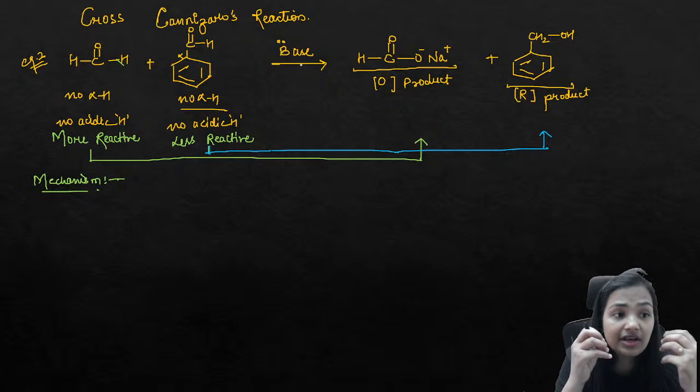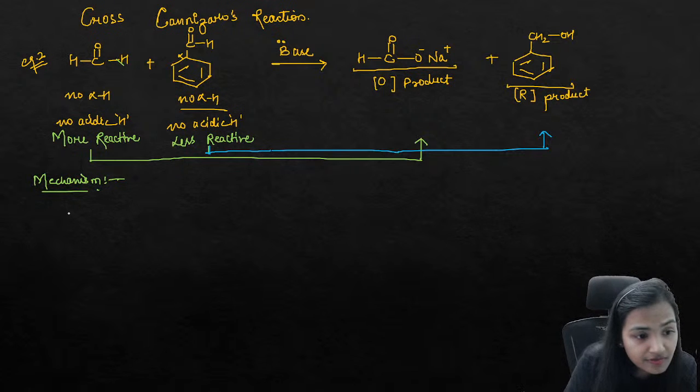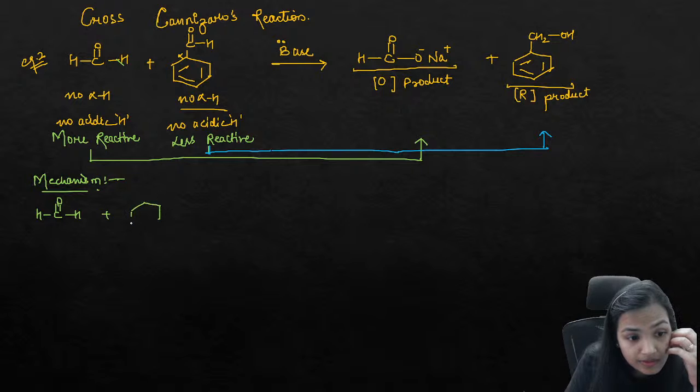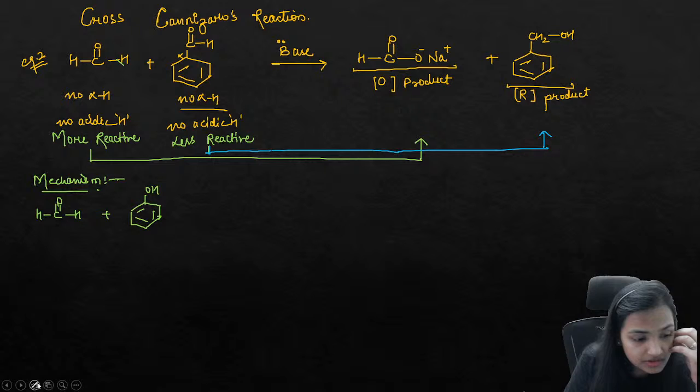For the base, do we have any acidic hydrogen? If you focus on the formaldehyde, if you focus on the benzaldehyde, over what will our base attack? Sorry. This is benzaldehyde.